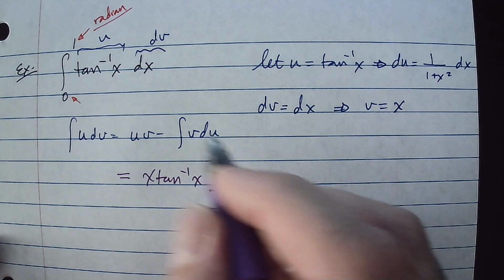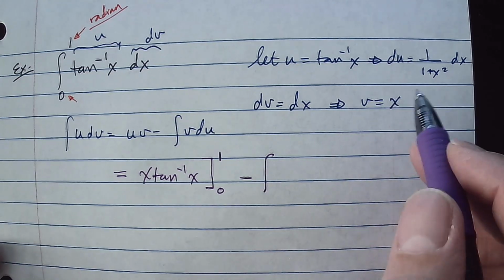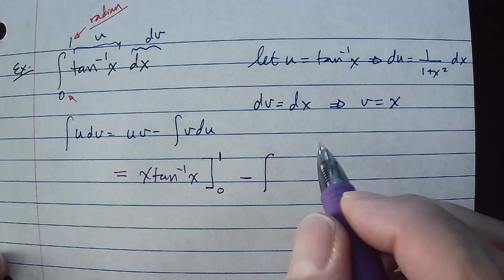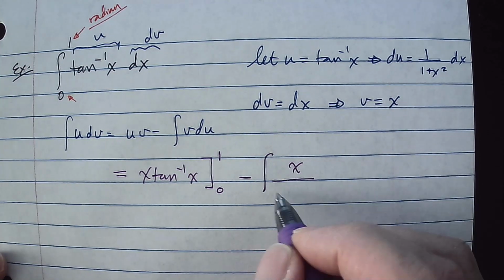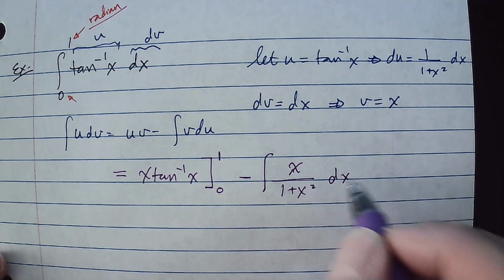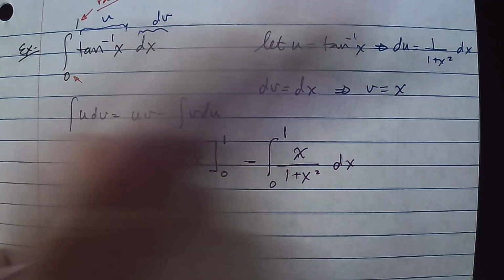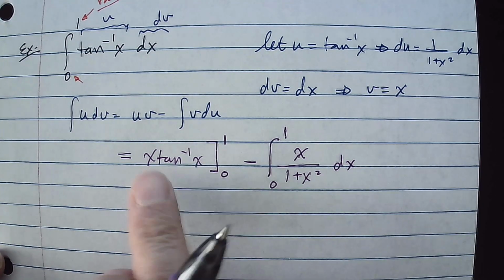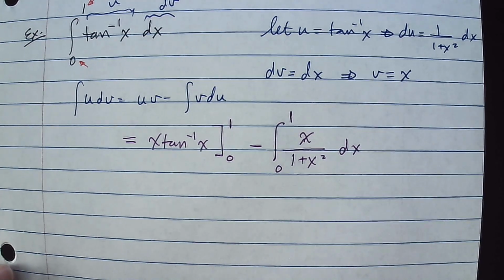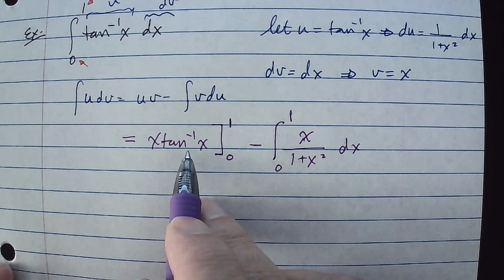Okay, so minus the integral of v du. V du gives me x divided by 1 plus x squared dx, and again this is running from 0 to 1. Notice that everything is on x here, so we keep the bounds, we don't change them. Okay, now this can be evaluated and we get the number of it.